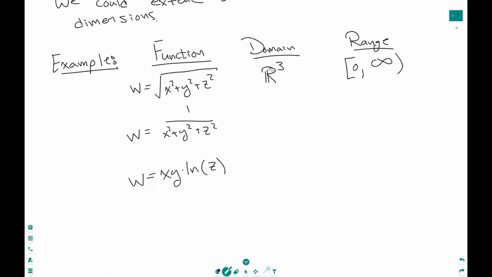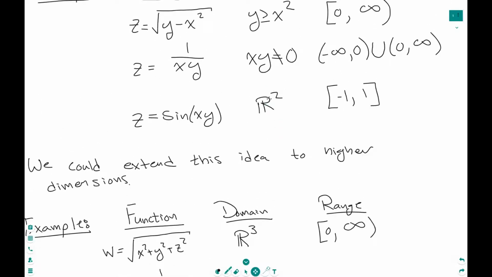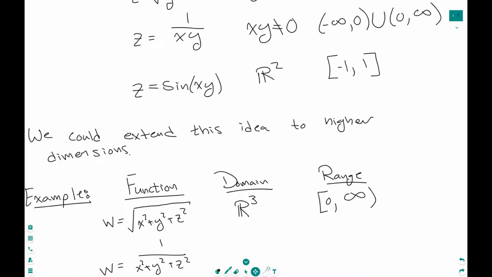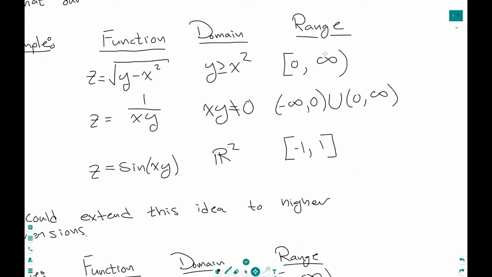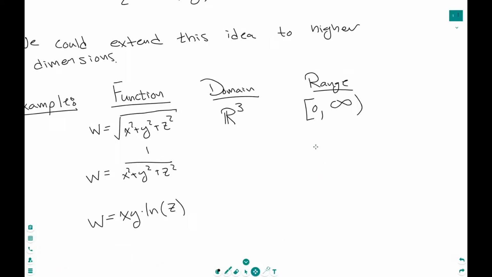If I was inputting 2 variables, I existed in R2. Here I'm inputting 3 variables, so my inputs exist in R3. But in this other column, my range always looks like it exists in just R, right? And it's the same here, because we're outputting a simple scalar. w will always be a scalar value once we input x, y, and z.